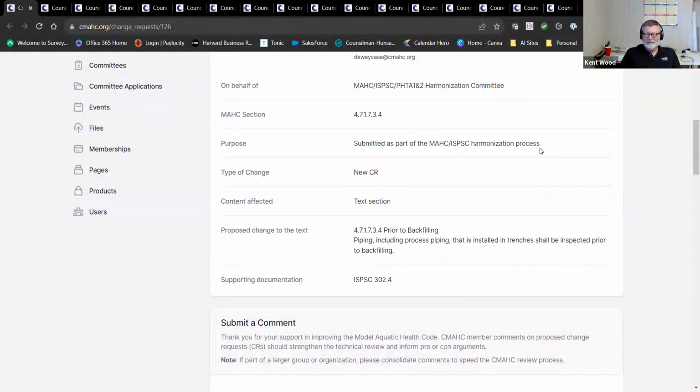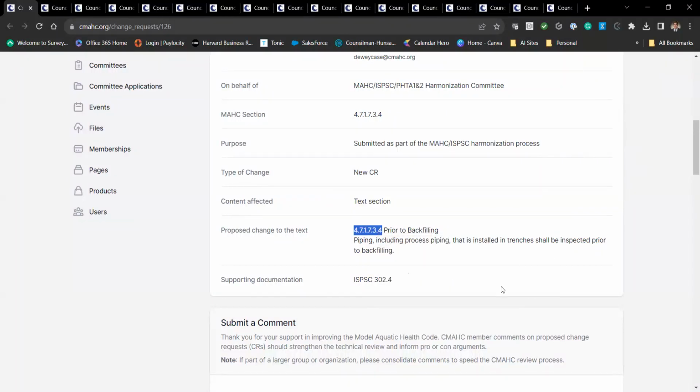I can see this as being burdensome to some understaffed health departments, and probably increasing the cost of permits and construction time waiting for an inspector to get out there. This is Grace. For Fairfax County, we do require that they get inspected before backfilling.